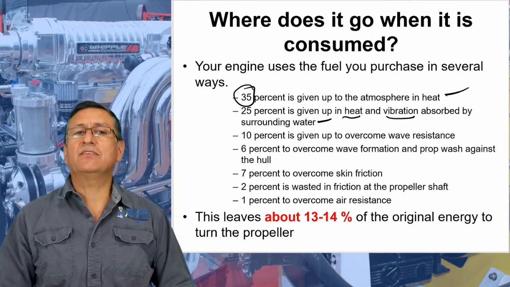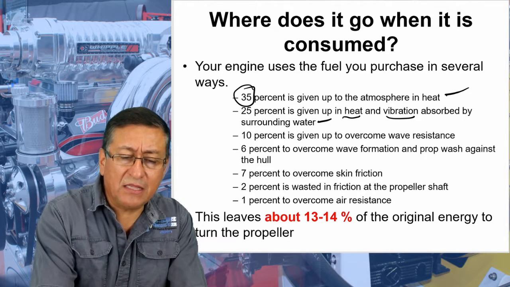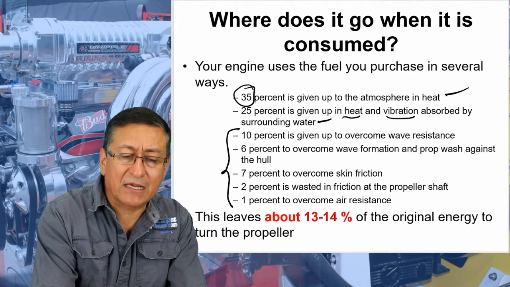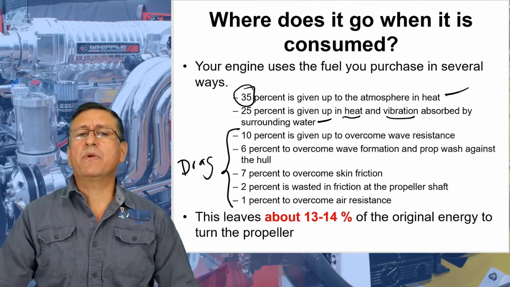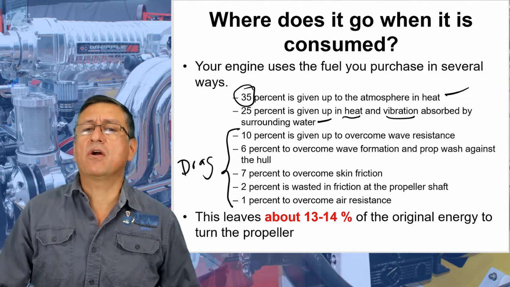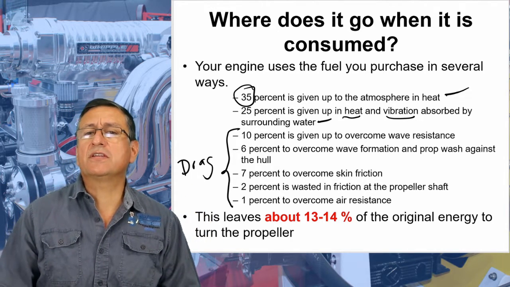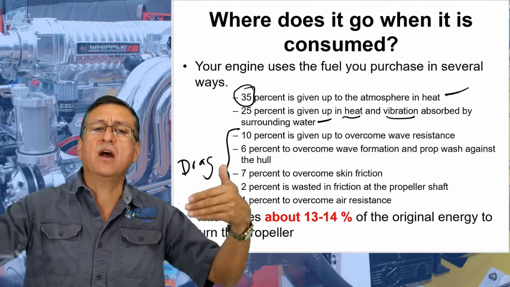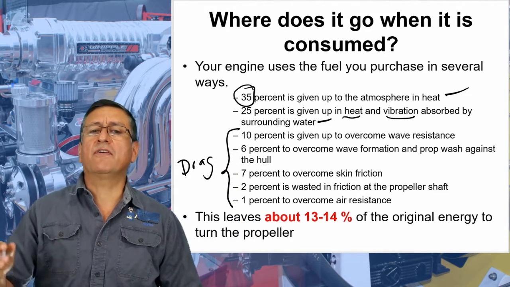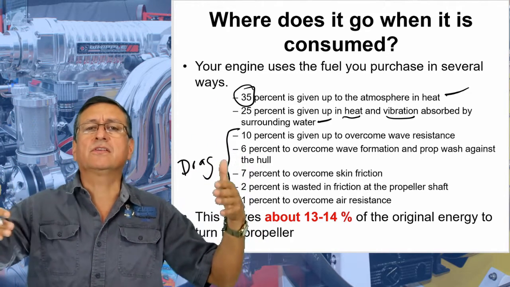What about the rest of the energy? Between this and this, we have drag, we have resistance. Drag in different ways. 10% is used to overcome wave resistance. 6% is prop wash against the hull. 7% is overcoming skin friction.